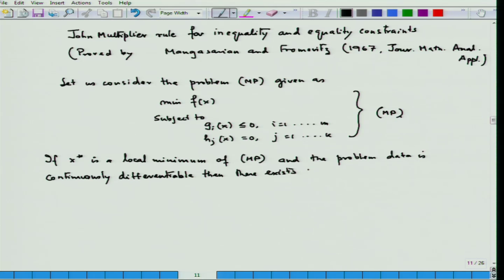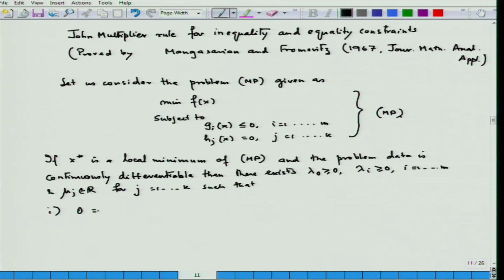So, then there exists lambda naught greater than or equal to 0, lambda i greater than or equal to 0 for i equal to 1 to m, and mu j an element of R for j equal to 1 to k, such that the following hold.